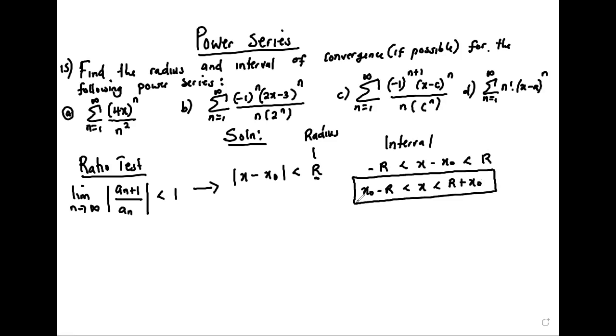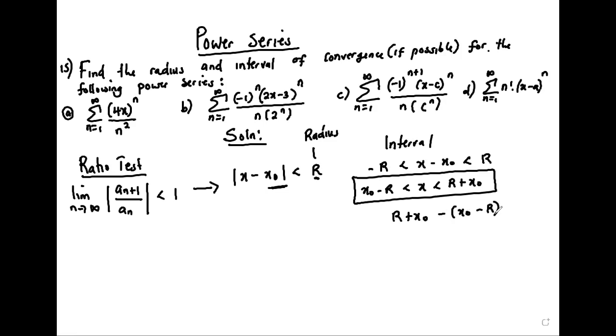Okay, so we have to be careful on how we find that. But suppose you've made a mistake or you've forgotten how to get the radius, you could as well get the interval, and then if we want to get the distance, we can subtract: r plus x naught minus (x naught minus r).